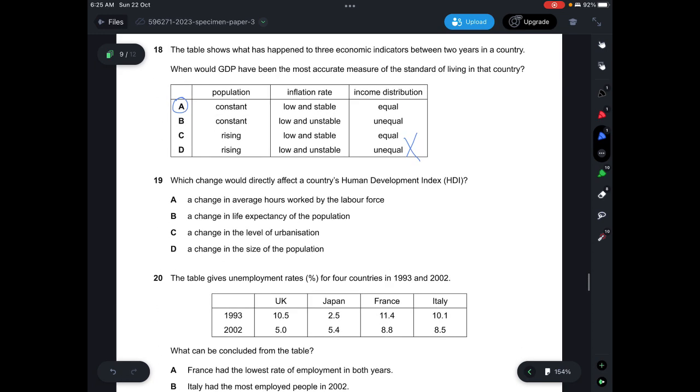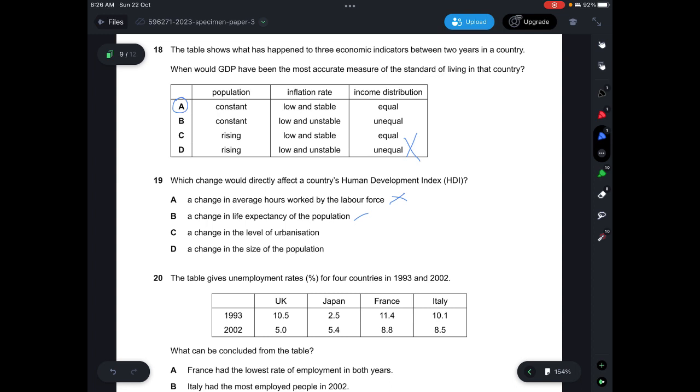Question 19, which change would directly affect a country's human development index? Okay, human development index, so this would be basically about human life. So A says a change in average hours worked by labor force. This one is not correct. B says a change in life expectancy. This is correct. And C says a change in the level of urbanization.